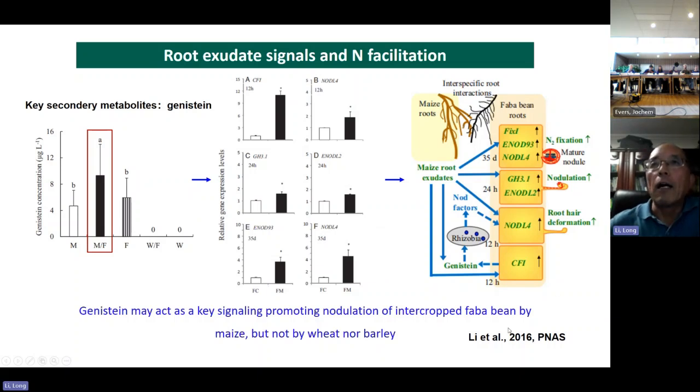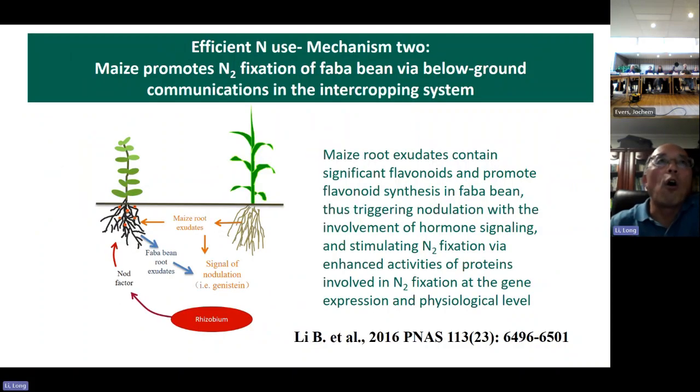So we have some summary about how maize root exudates influence these genes' expression. For another mechanism, we think maize promotes the nitrogen fixation of faba bean through belowground communications in the intercropping.